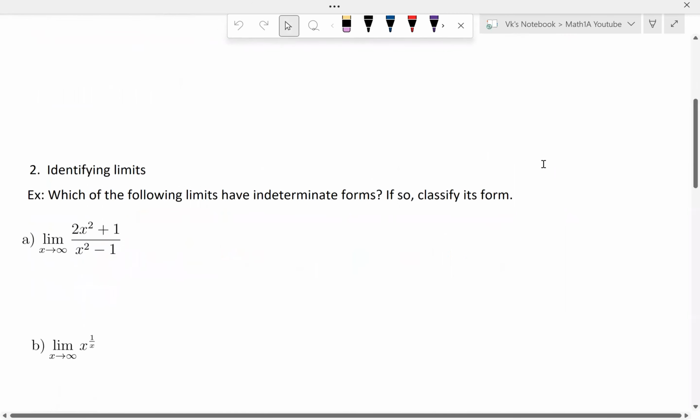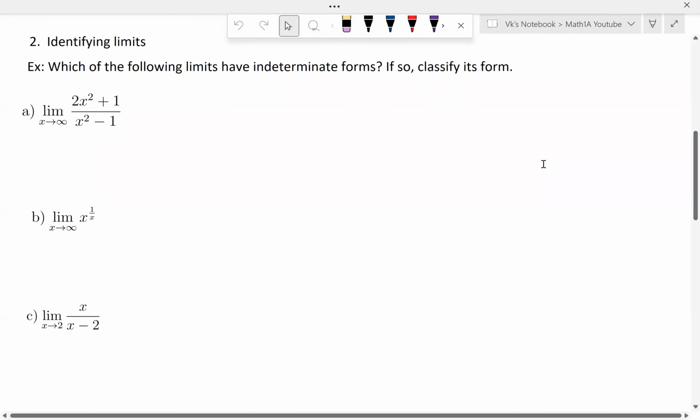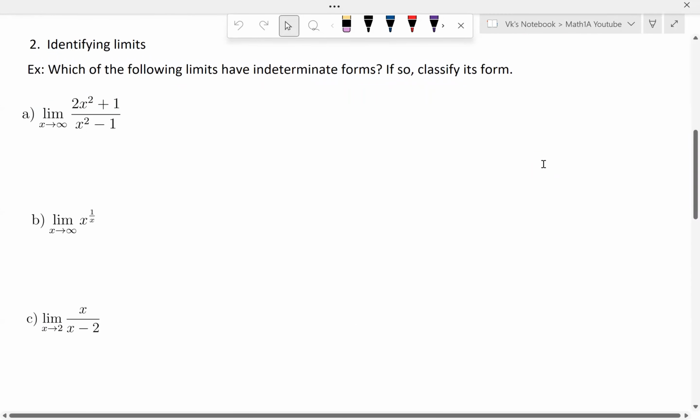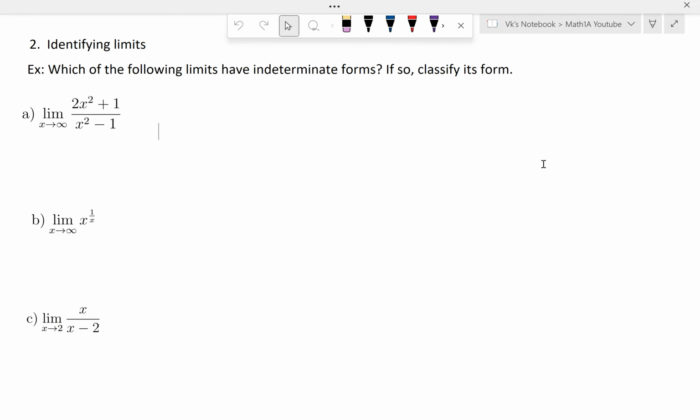Let's take a look at some examples. Number 2, identify limit. Which of the following limits have indeterminate forms, and if so, classify its form. In A, we have the limit as x goes to infinity of (2x squared plus 1) over (x squared minus 1).